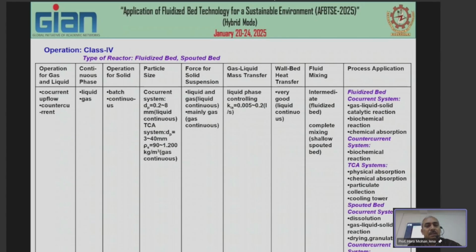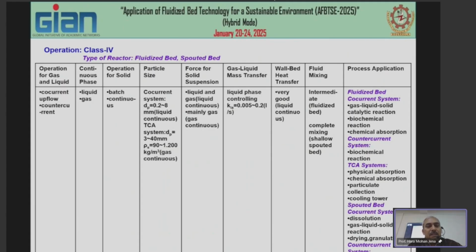Operation for solid, it can be batch or it can be continuous. Particle size for co-current is normally 0.2 to 8 millimeter. For liquid continuous, that is the turbulent contact absorber, the particle size is 3 to 40 millimeter.